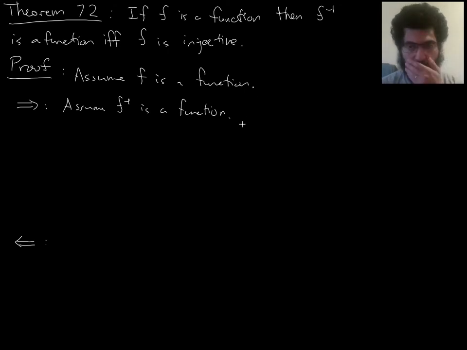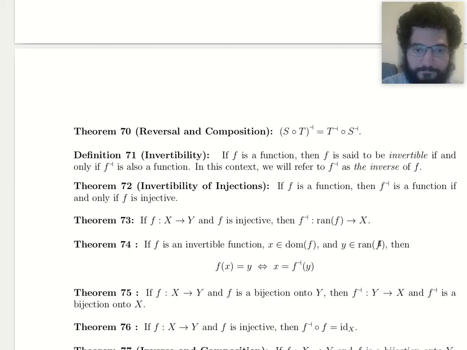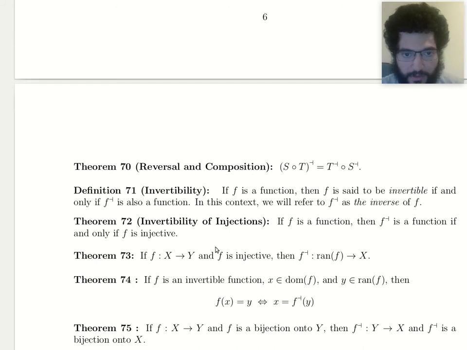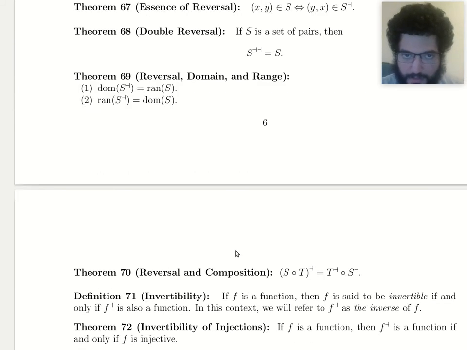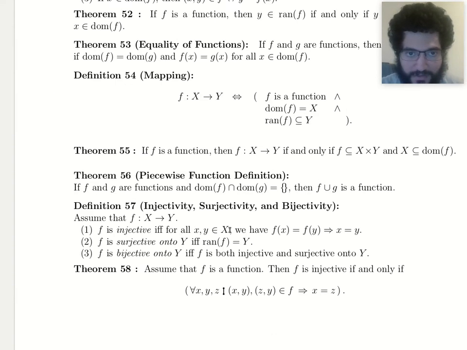So let's see, there are a couple of ways of proving a function is injective. I could use the definition and be like, okay, consider any x, y in the domain of f, and then assume f of x equals f of y, and then I try to prove that x equals y.